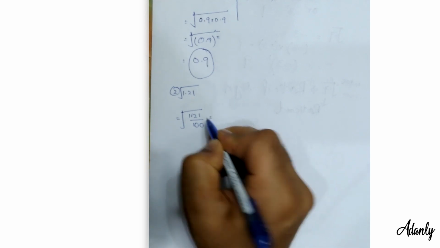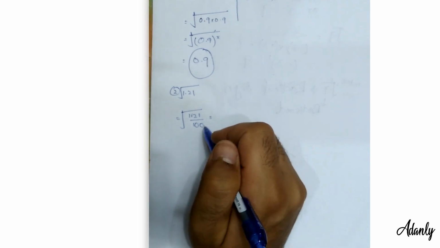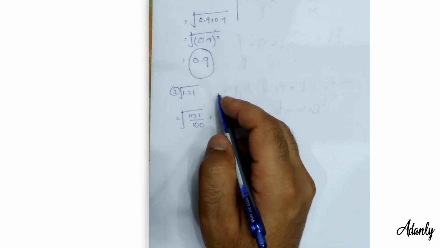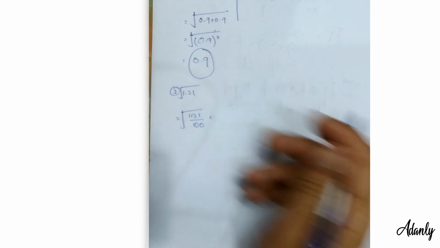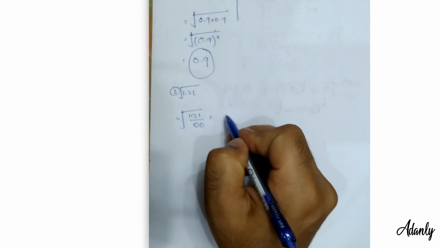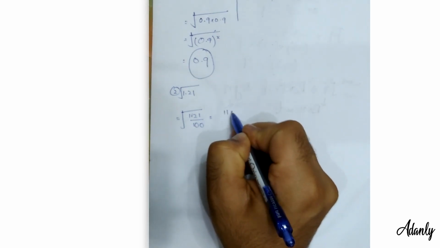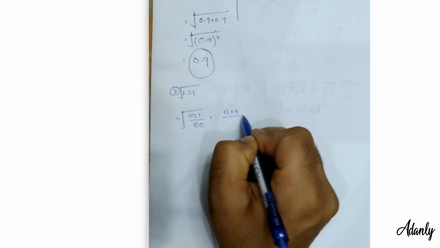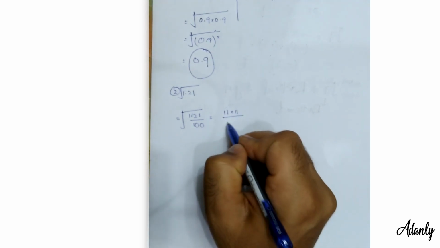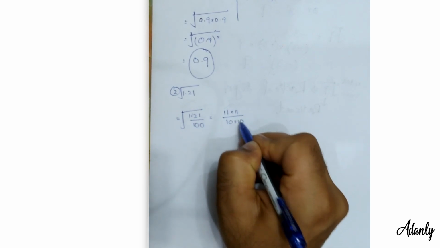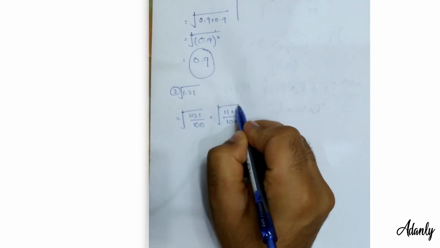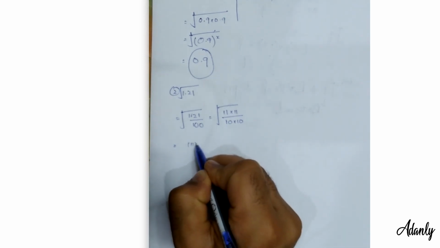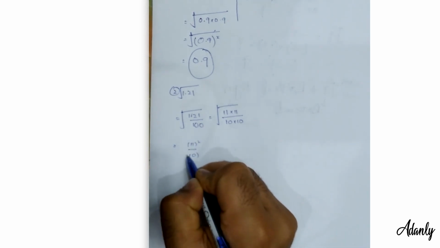So now we can think of two such numbers that if we multiply give us 121. If we multiply 11 by 11, it will give us 121. All right. If we multiply 10 by 10, it will give us 100. Under the square root, we can also write it as 11 whole square divided by 10 whole square.